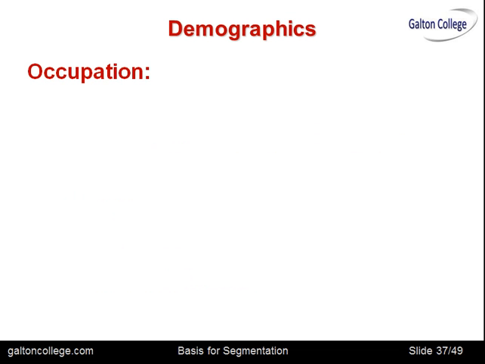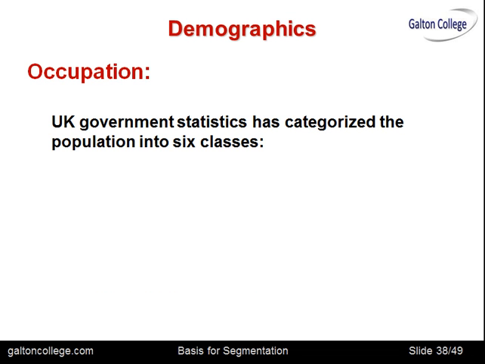Demographics may also be based on occupation. In the UK, we may classify people under different headings. It's a way that sociologists in particular analyze the population and the different sociological aspects of the population. But in terms of marketing, it may be applied also.